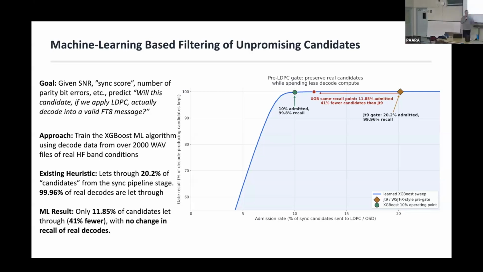Recall is the fraction of things that we let through that would have resulted in a real decode. That's really good. So the heuristic in WSJT-X doesn't drop things that are really going to decode, because those are the things you don't want to lose. It's really, really high, and it only lets through 20% of these candidates. So it's already doing a great job filtering out pretty much 80% of that stuff. But can we do better?